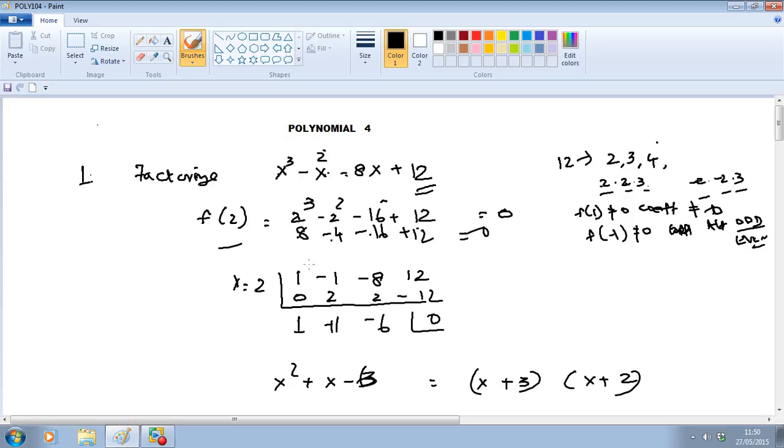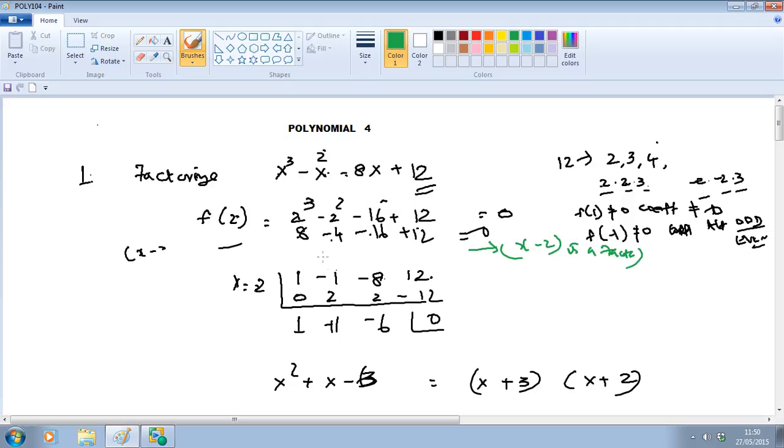So we will take the coefficients of x cube, x square, x and the constant. X equal to 2: f of 2 means x minus 2 is a factor.